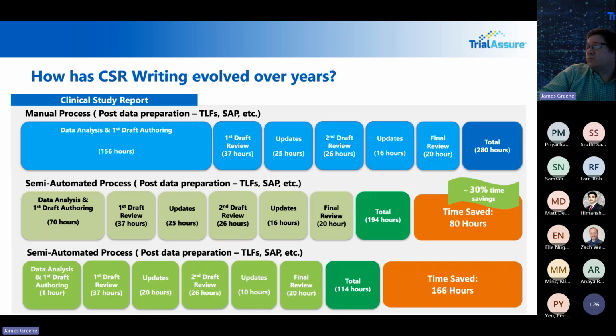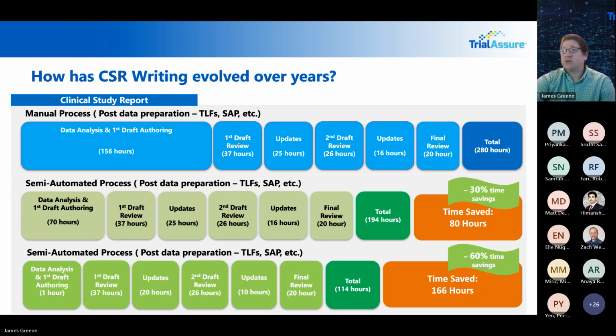Now, where we are today with the automated process on TLFs, it saved a total of 166 hours, total time down to just 114 hours, which is 60% time saving. And as we're continuing to move into a fully automated system, that's where we get to that 80% time saving.